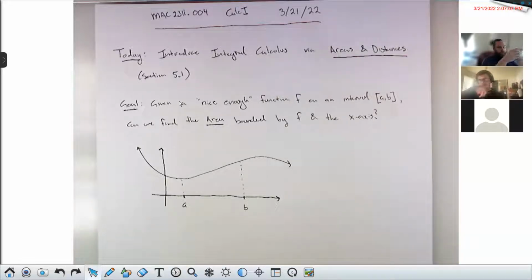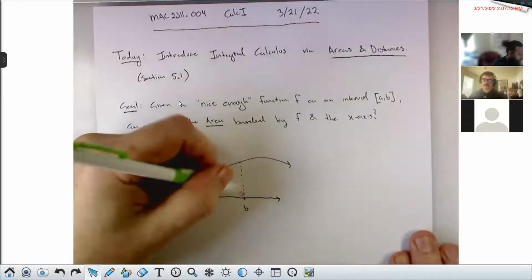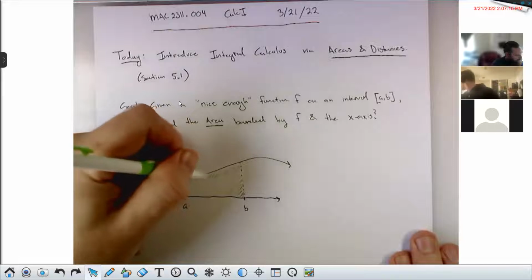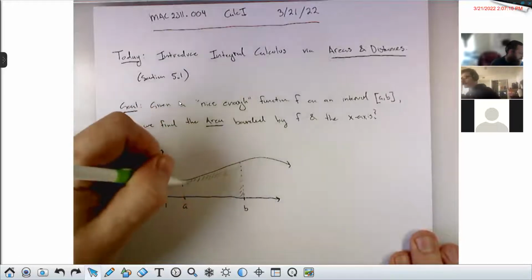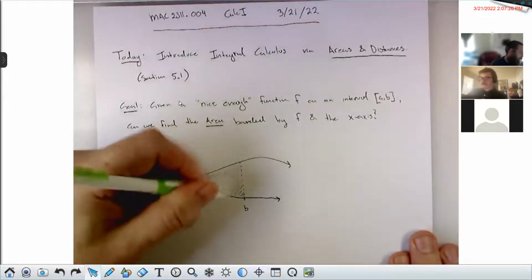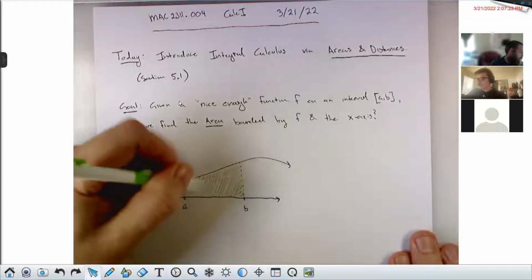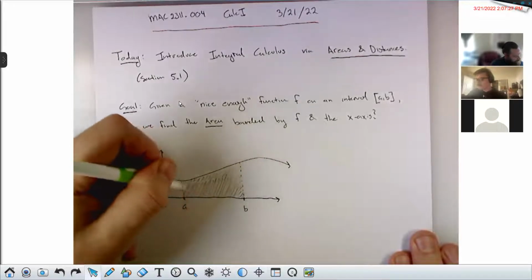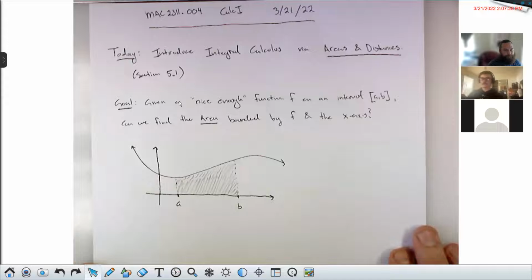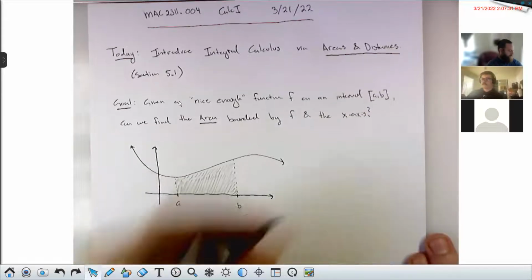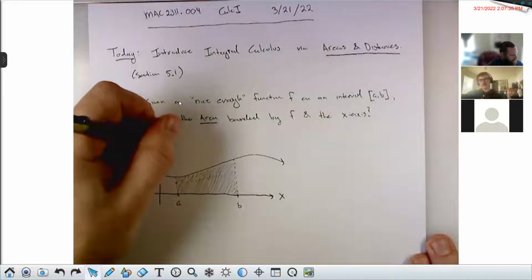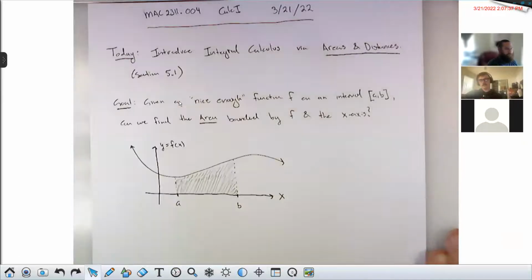I'm going to get in the habit here of shading areas in pencil. So this is the game. This is x. It's the graph y equals f of x.